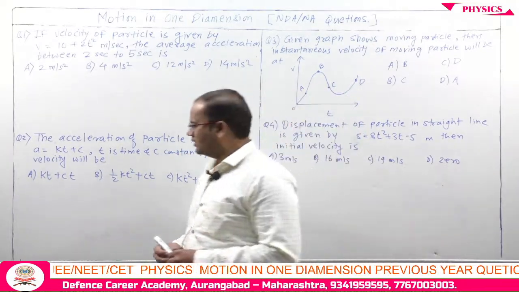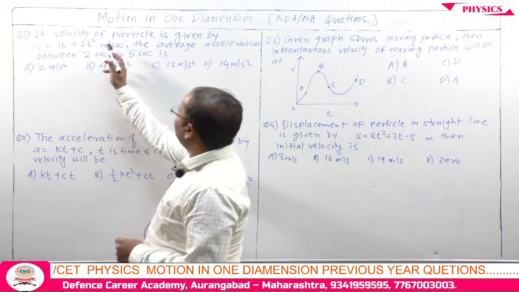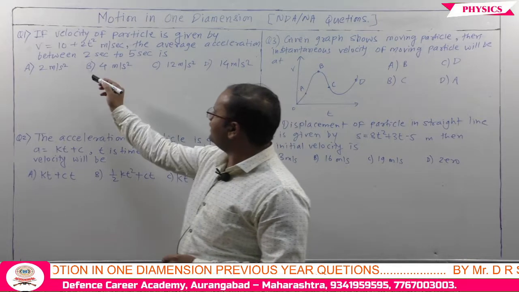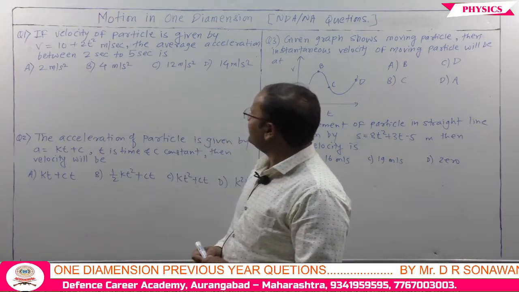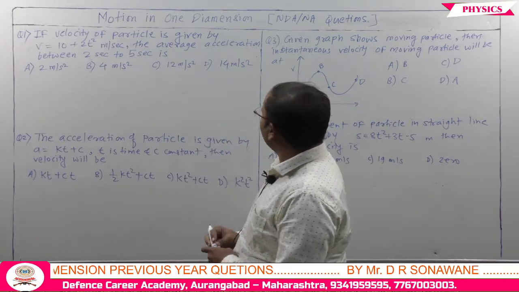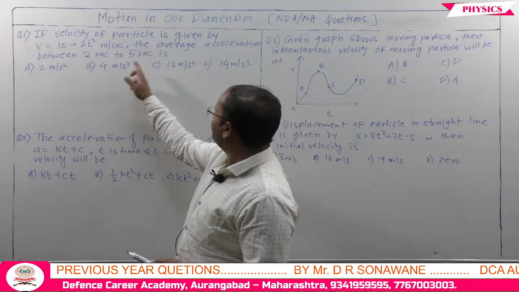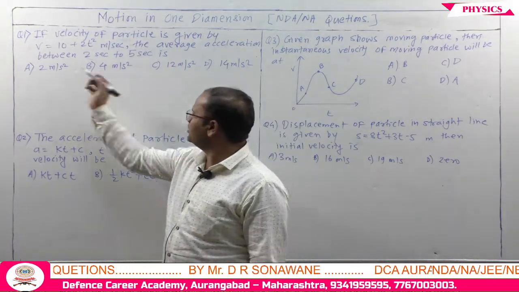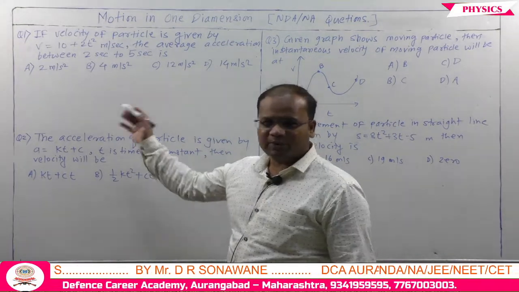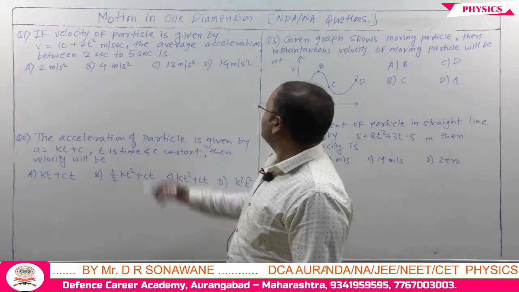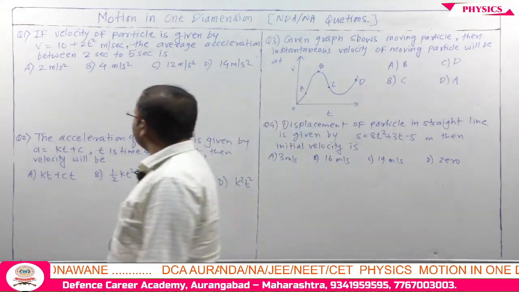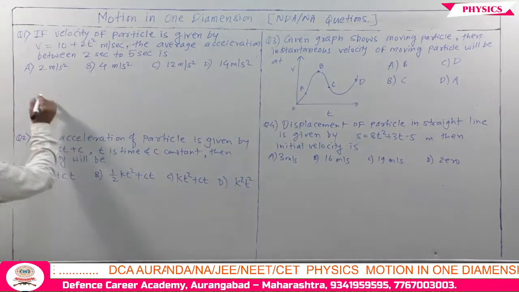First question is, if velocity of a particle is given by v equals 10 plus 2t square meter per second, the average acceleration between 2 second to 5 second is, and options are given: 2 meter per second square, 4 meter per second square, 12 meter per second square and 14 meter per second square. So initially we can write, they have given the velocity.